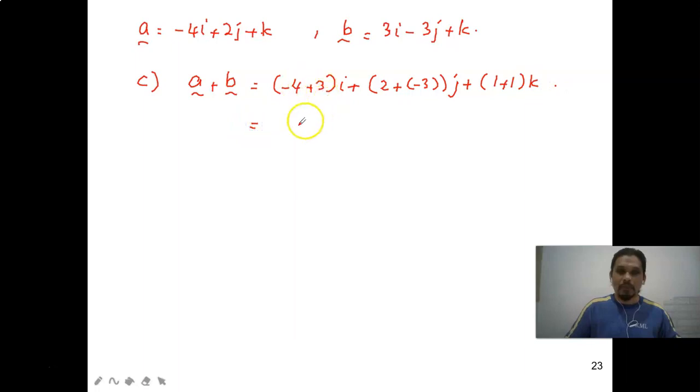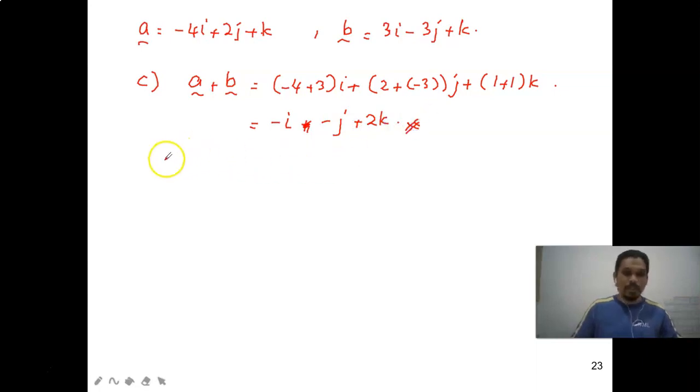So negative 4 plus 3 equals negative i. 2 plus negative 3, so 2 minus 3 equals negative 1j, and 1 plus 1 equals 2k.